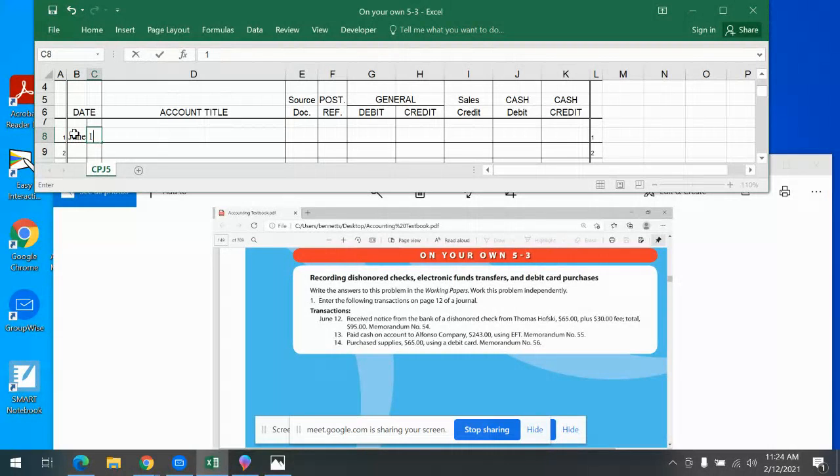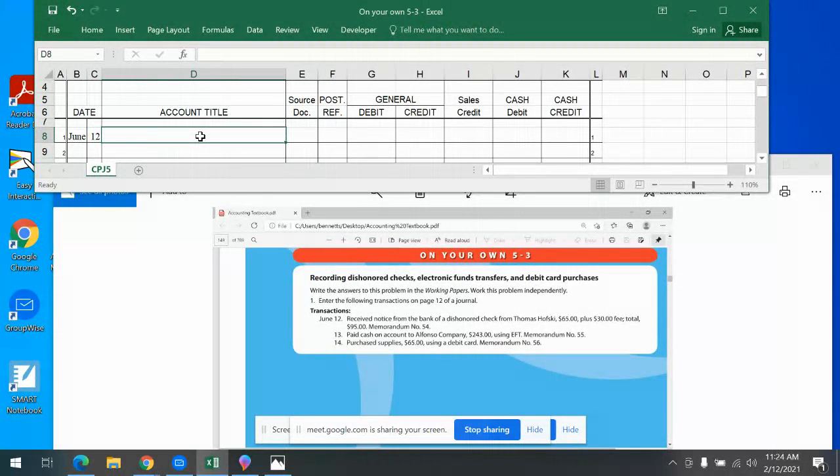Okay. Ivan Baez, can you read the June 12th transaction? I know it's a little small, but memorandum. Excellent. Okay.